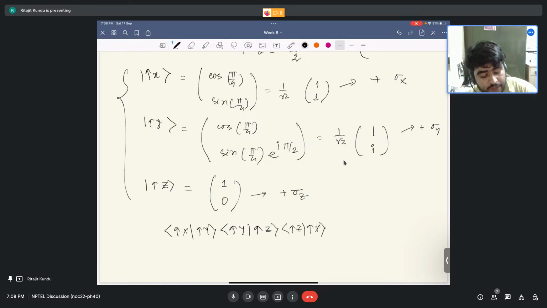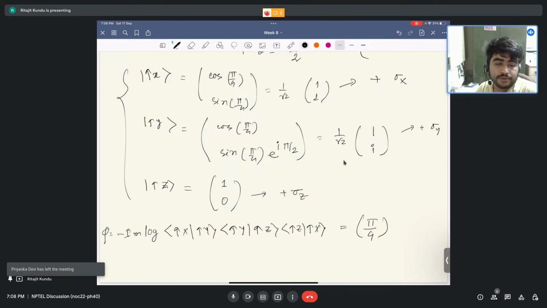You take the log of this thing and take the minus of the imaginary part, and that will give you the Berry phase. You will see that this quantity gives you pi by 4. Pi by 4 is not a random number that came out of our calculation.